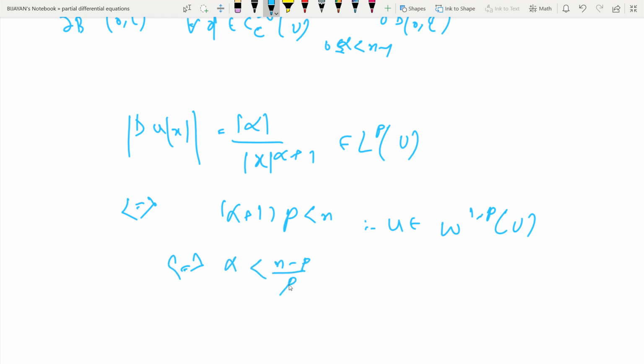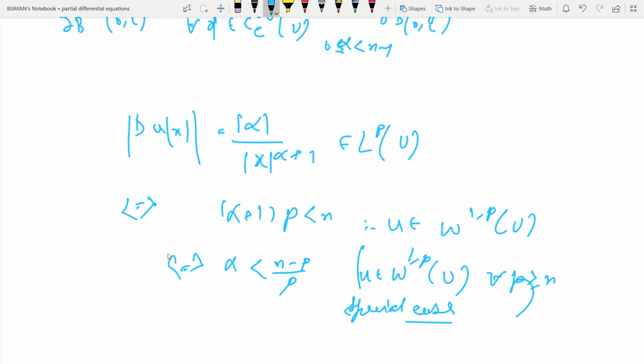In particular, u does not belong to W^{1,p}(U) for all p greater than or equal to n. This is a special case. This is a necessary and sufficient condition.